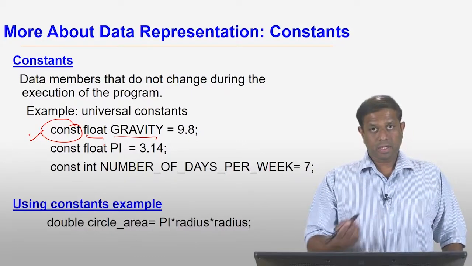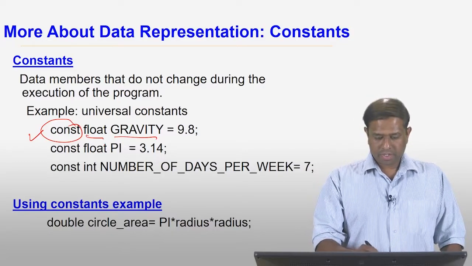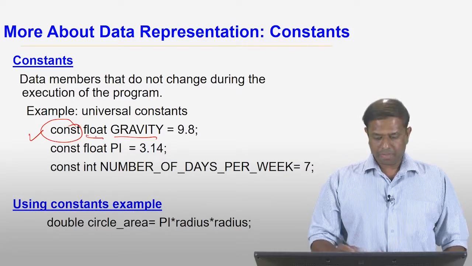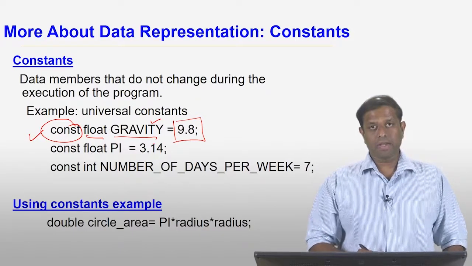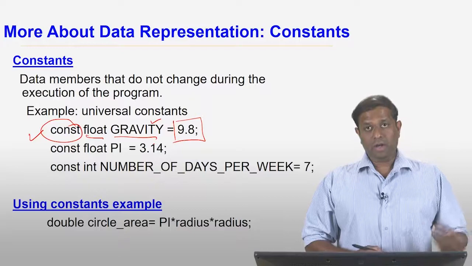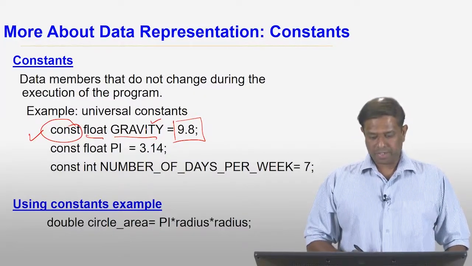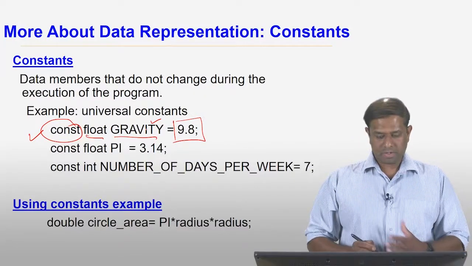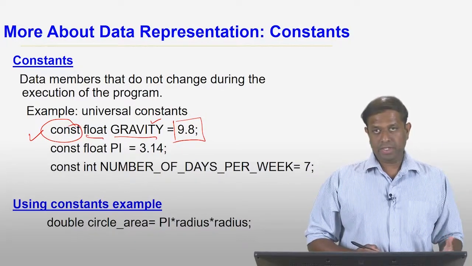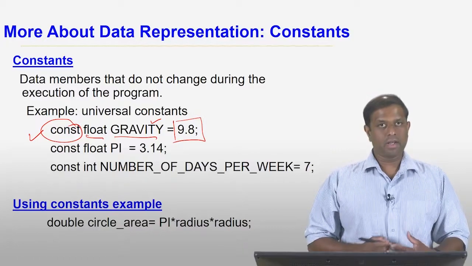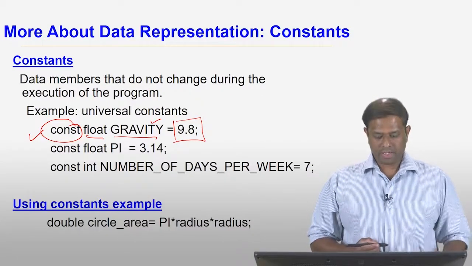Now if I want to represent, let's say, gravitational force, it's a floating point or double value. So we can define it as gravity and put the constant value at the time of declaration. After this, the value cannot be changed. If you write an assignment expression to change this value, it's going to throw an error saying the constant cannot be changed. That will safeguard against mistakes during the execution of the program.